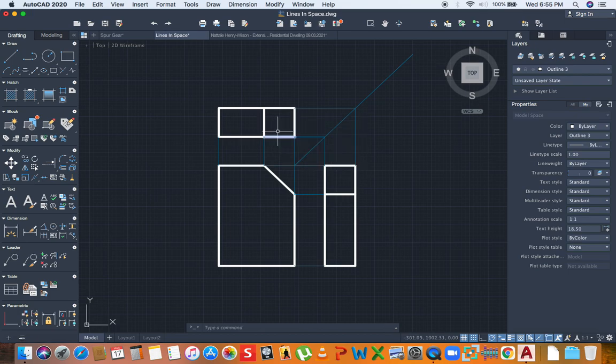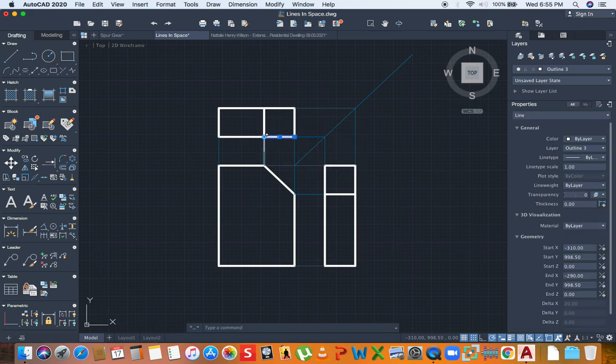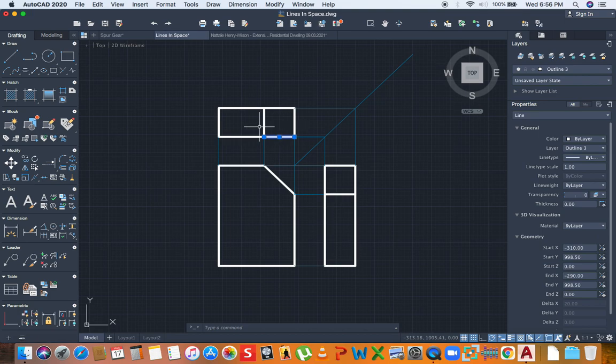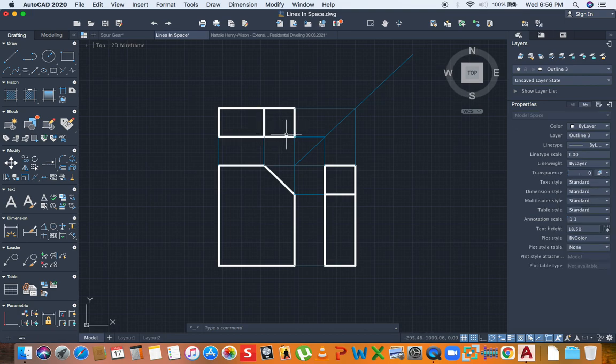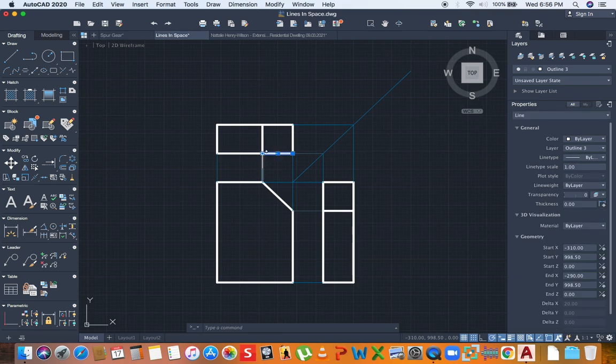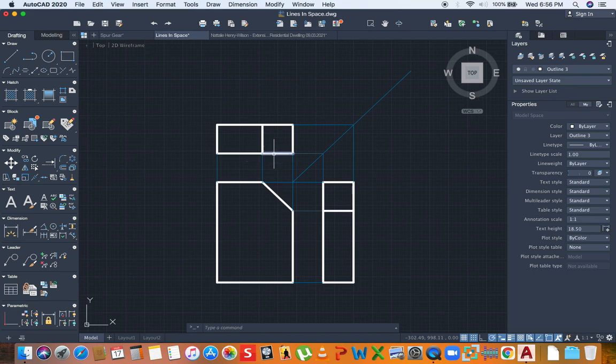And it is being reflected as a vertical line because you're looking at it from a bird's eye view. So it seems to be straight or not inclined. It seems to be parallel to the horizontal plane, which it is not.